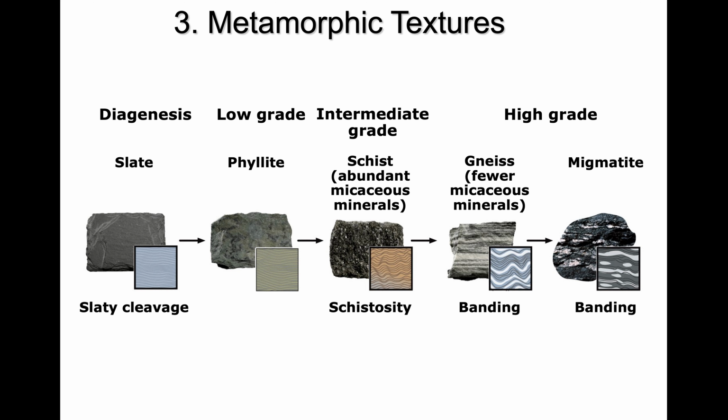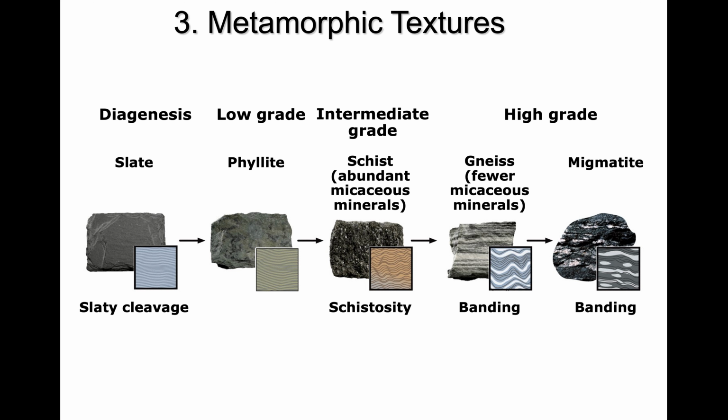Now, when we are talking about the slate with the slaty cleavage, we are talking about diagenesis. Then we increase our metamorphic conditions and make a phyllite from our slate, and then we are talking about low-grade metamorphic conditions. Our phyllite becomes metamorphosed to a schist, and such a schist is formed under intermediate metamorphic conditions.